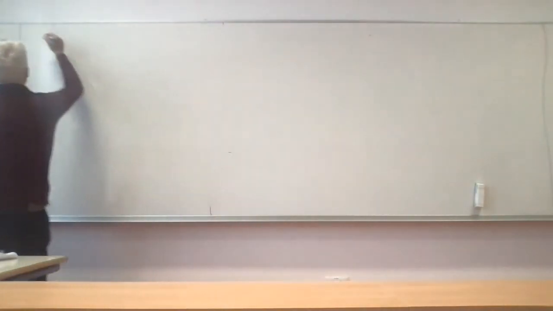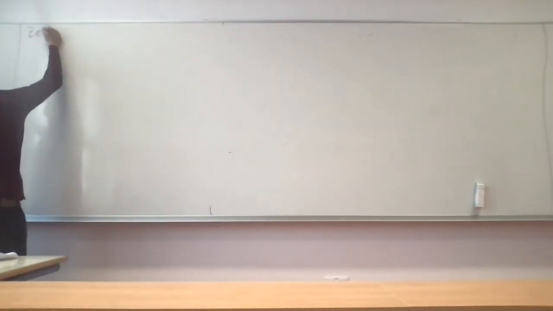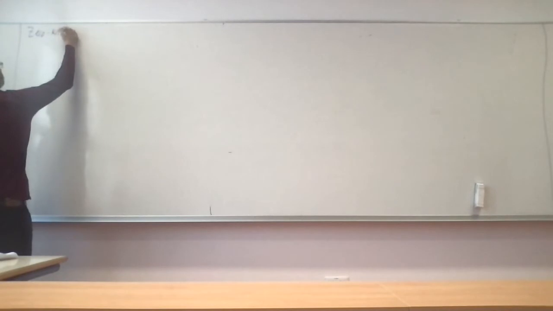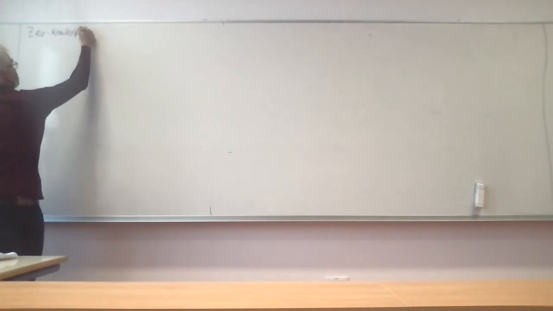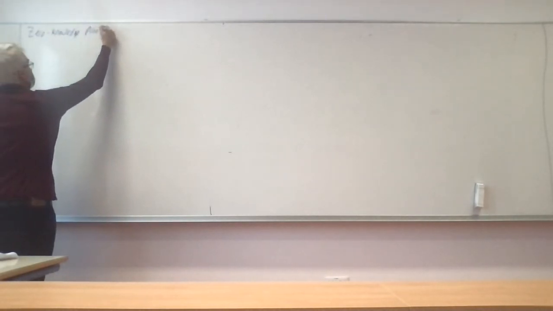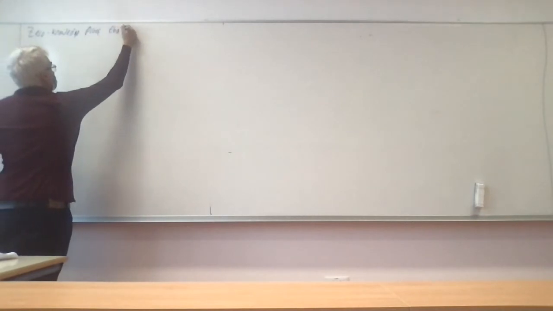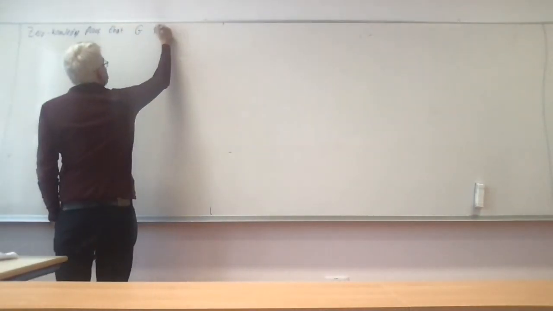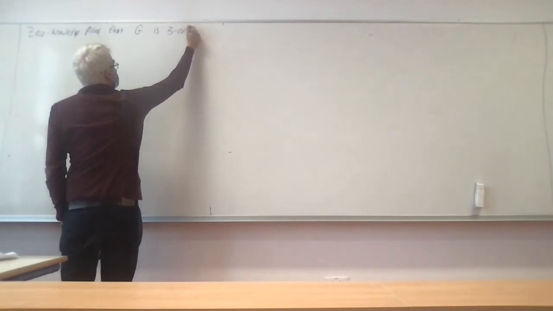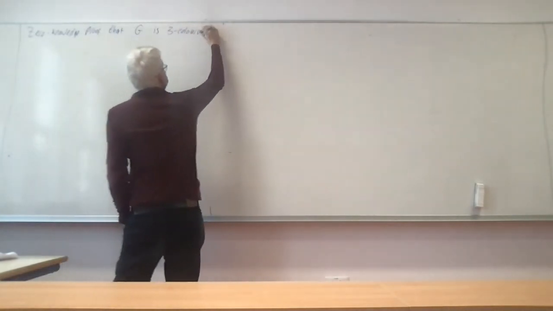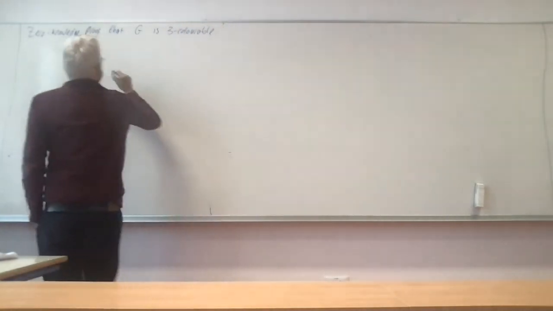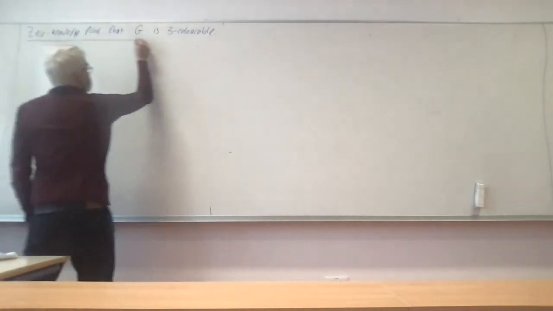So, a zero-knowledge proof that graph G is 3-colorable.